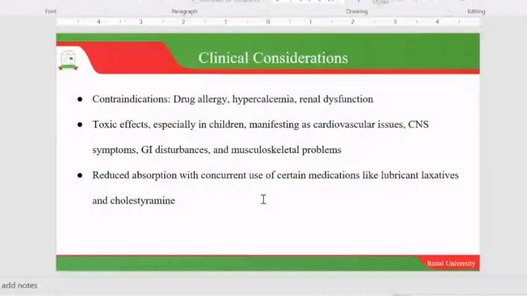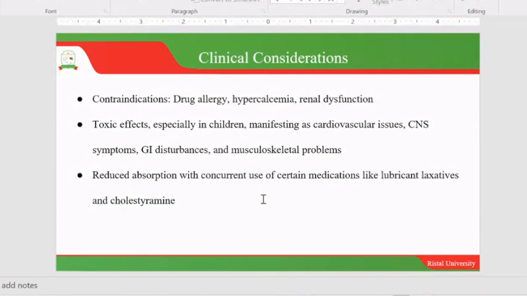And for hypercalcemia, since we said it also increases absorption and utilization of calcium, we are looking at these elevated levels of calcium in blood could lead to toxicity. And for the toxic effects, these are manifesting in children and also manifesting as cardiovascular issues and also issues of the central nervous system.